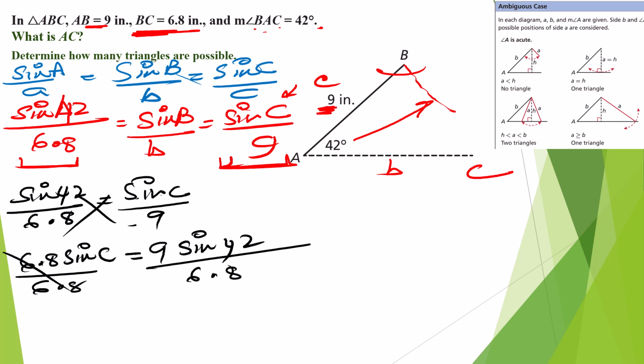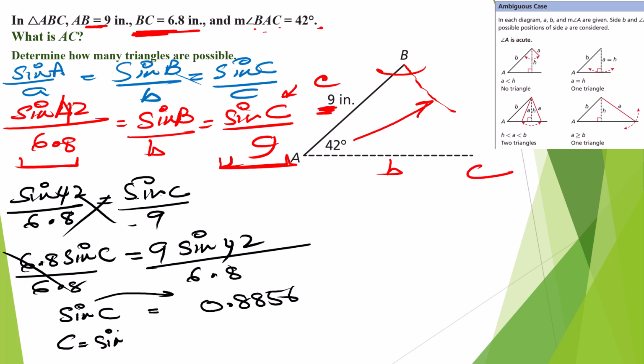So write in the calculator 9 sine 42 upon 6.8, and write at least 4 digits after the decimal. So sine c equals 0.8856. Bring the sine here, it means take the inverse of the sine.